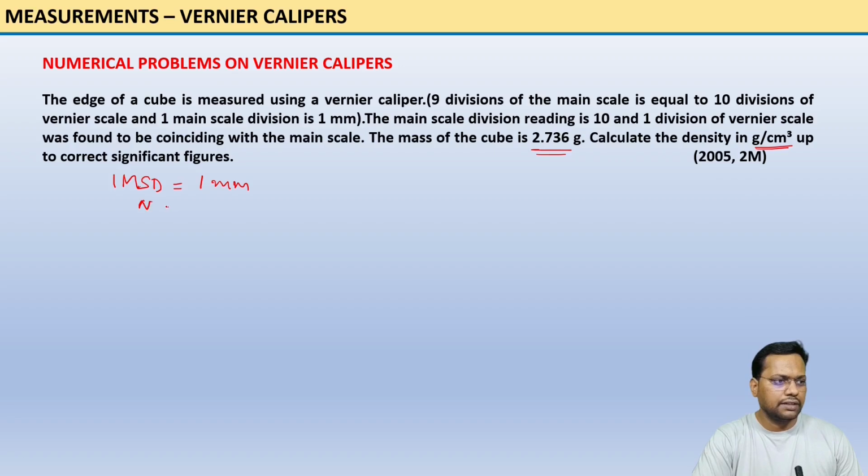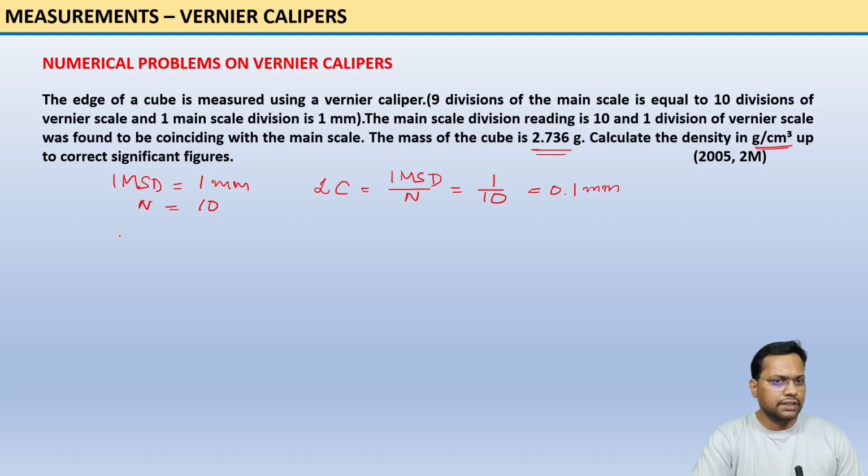Therefore capital N is equal to 10, and since it is following the principle 10 VSD is equal to 9 MSD, the least count can be calculated directly with the simplified formula, that is 1 MSD divided by the number of Vernier scale divisions, that is 1 by 10, that is 0.1 millimeter.